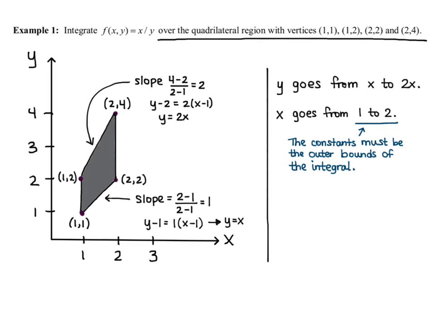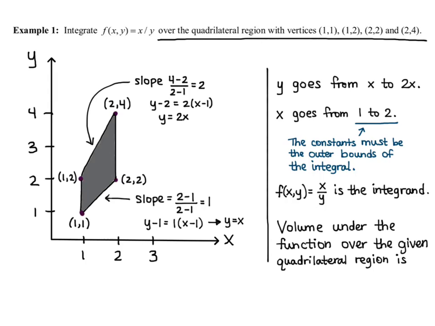The function f of x y equals x over y is the integrand. So the volume under the function over the given quadrilateral is V equals the integral from 1 to 2, our x bounds, of the integral from x to 2x, our y bounds, of the integrand x over y, our function, dy dx.